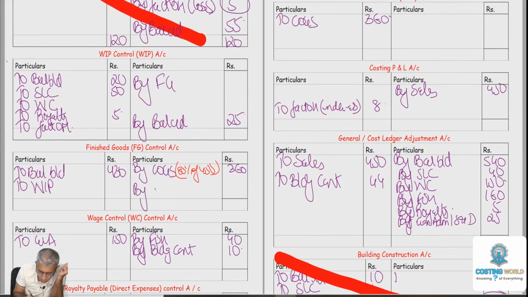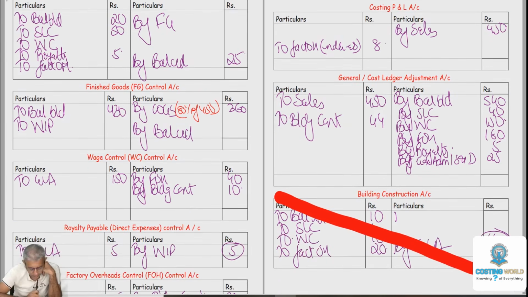Can we say in finished goods account, there has to be your closing stock also, no? By balance carried down. Tell me, is wage control account tallied or not? Can we say on credit side there is a balancing figure of 100? Common sense, tell me, what does this 100 represent? Direct wages, beta.